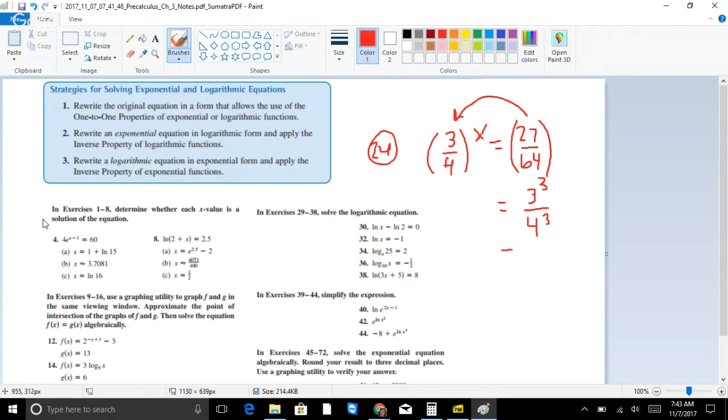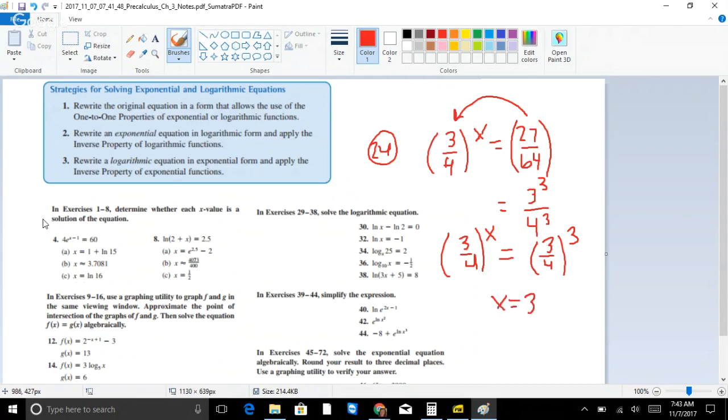So I could rewrite the right side of the equation as 3/4 cubed. And over on this side, we have 3/4 to the x power. Because of my one-to-one property, I can say x equals 3.